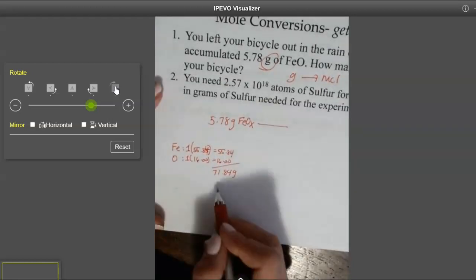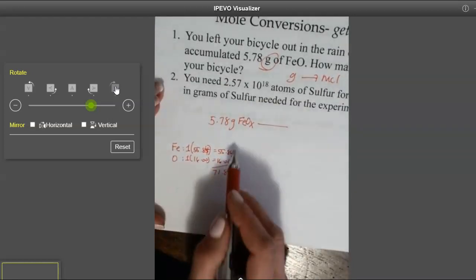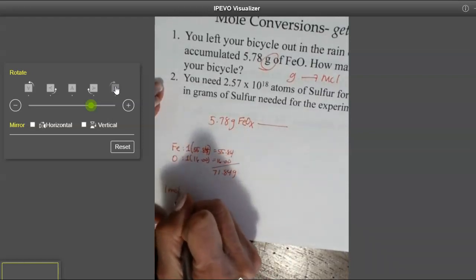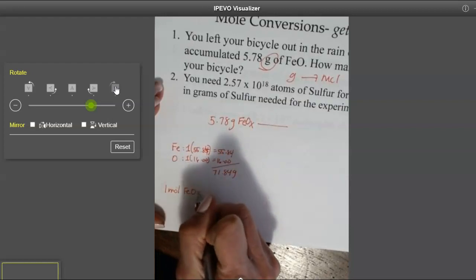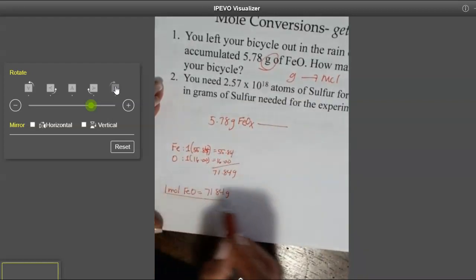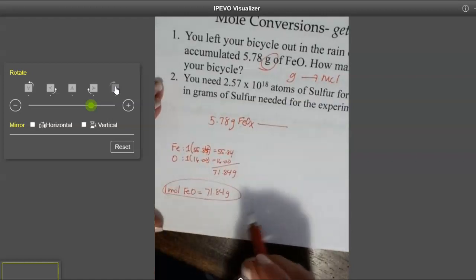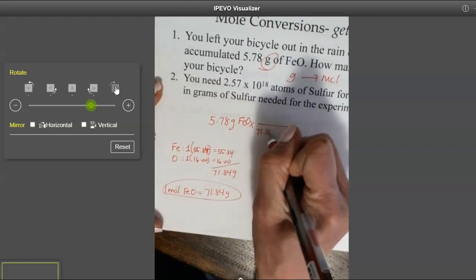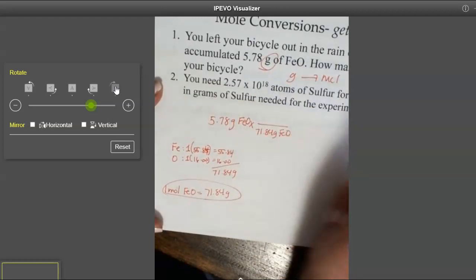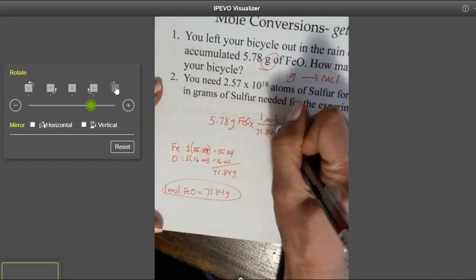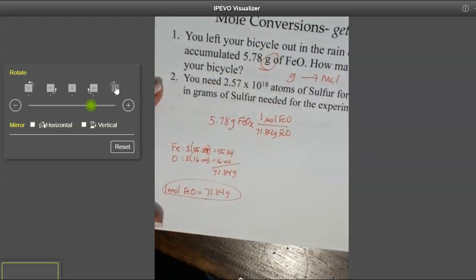So we just calculated the molar mass of iron 2 oxide. So basically 1 mole of FeO is equal to 71.84 grams. So now that we have our equality, we can stick it in our conversion factor. We can say 71.84 grams of FeO is equal to 1 mole of FeO.